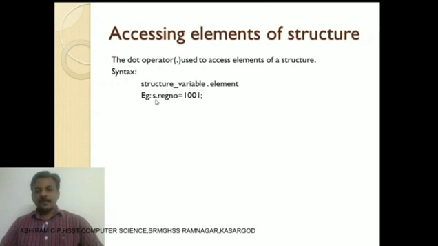Example, s dot register number equal to value. Here dot operator is used. Here this value is directly assigned to this element. Cin s dot register number. This statement is used to accept the details through the keyboard.